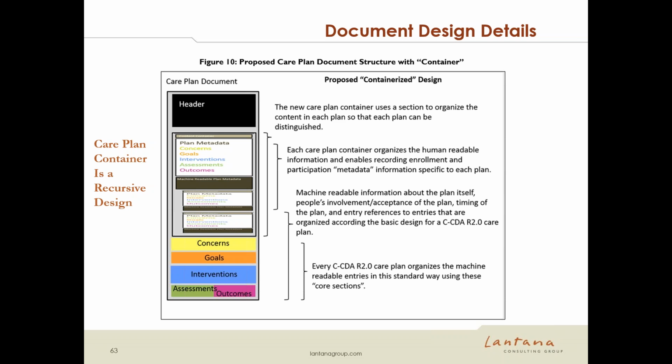But basically, the ability to partition certain information away from other information and put unique header or enrollment type information that might be different from plan to plan, and have a place to put all of those data elements to make it work without breaking any of the rules that are established for the care plan document.